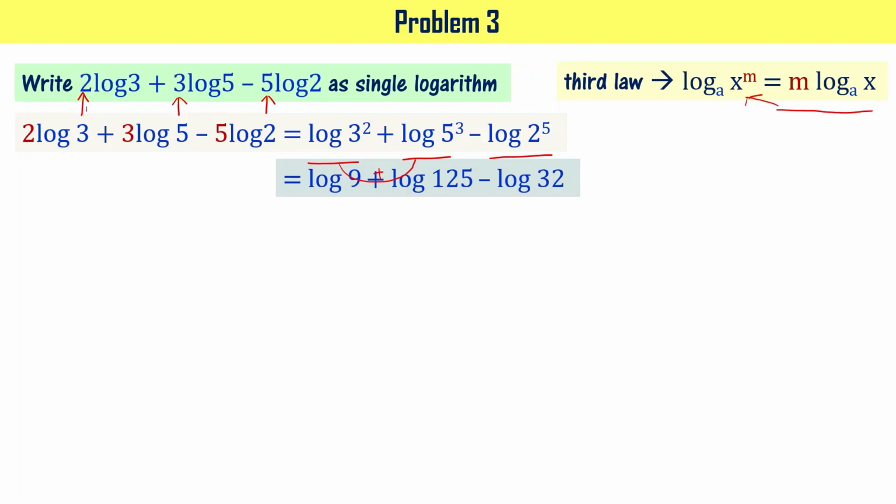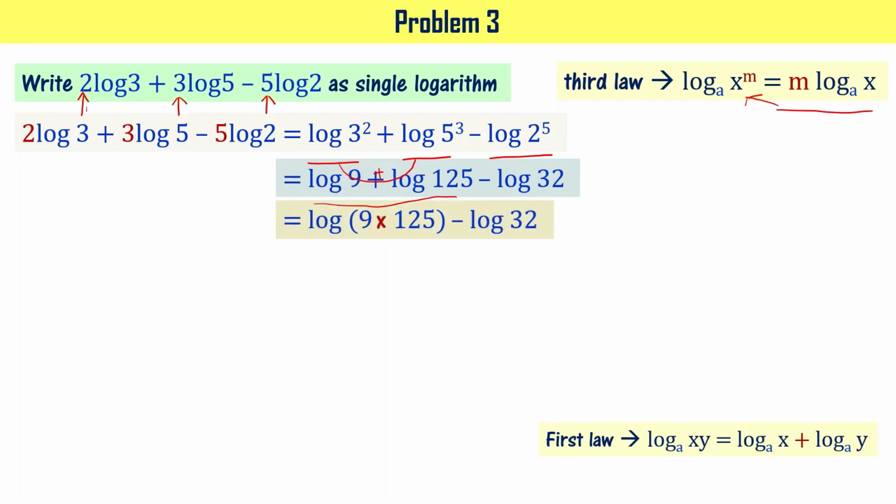So now let me apply the first law to these two terms. When I do that, I can write it as log of 9 times 125, and I am keeping the third term as is, right? This can be now written as log of 1125 minus log 32.